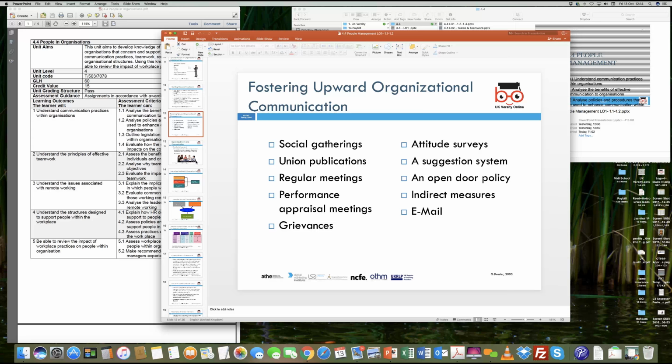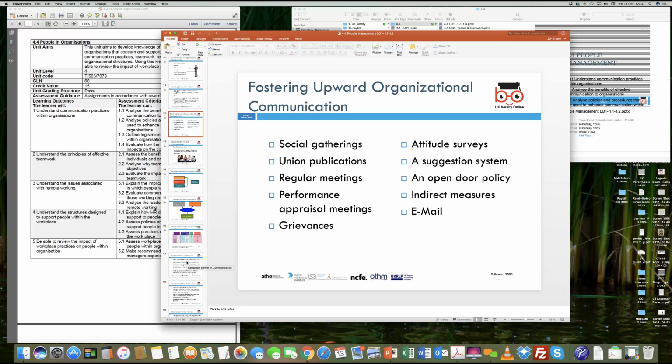So it is necessary to document this, and that would be written feedback going to, for example, your manager, with a CC to HR or something like that. Those are areas when you look at upward communication.